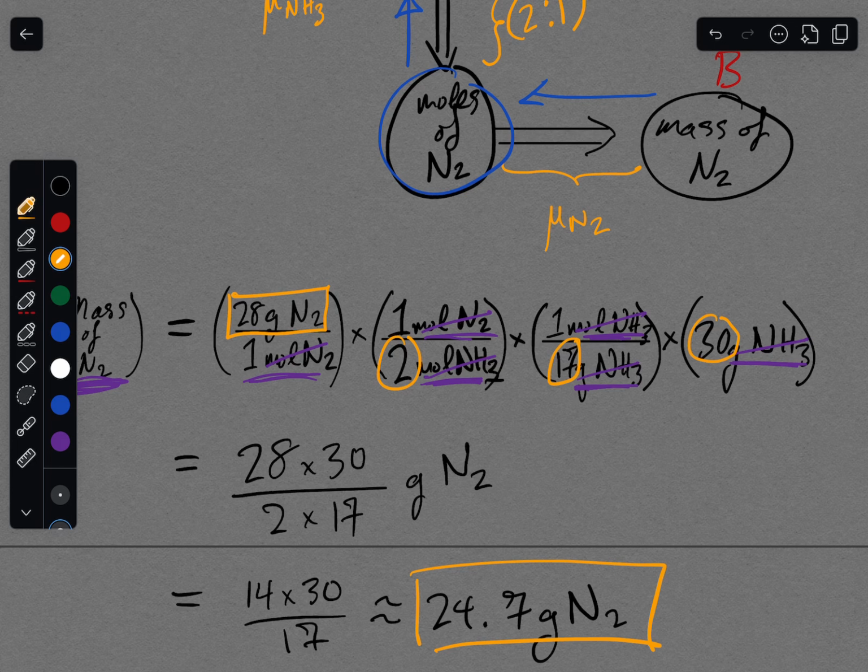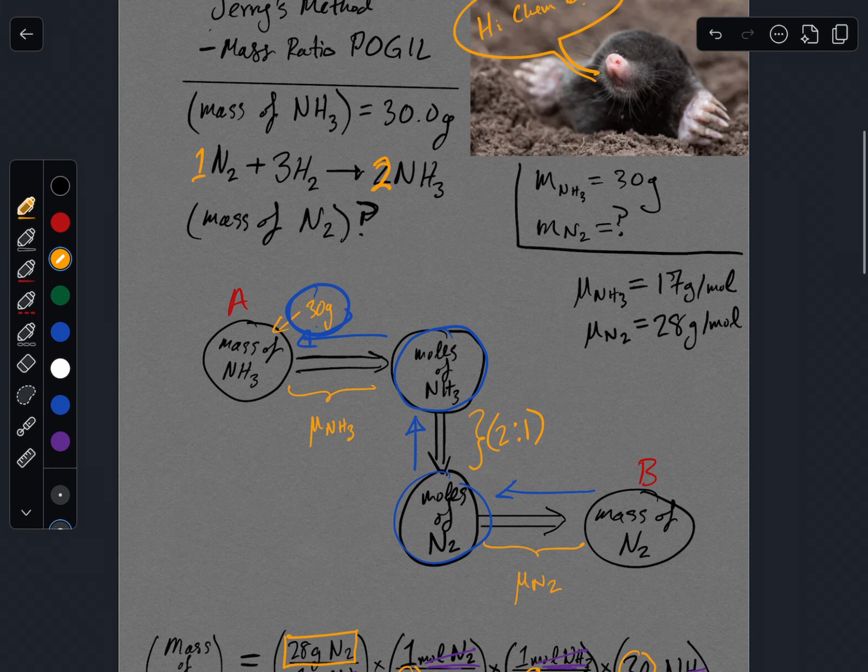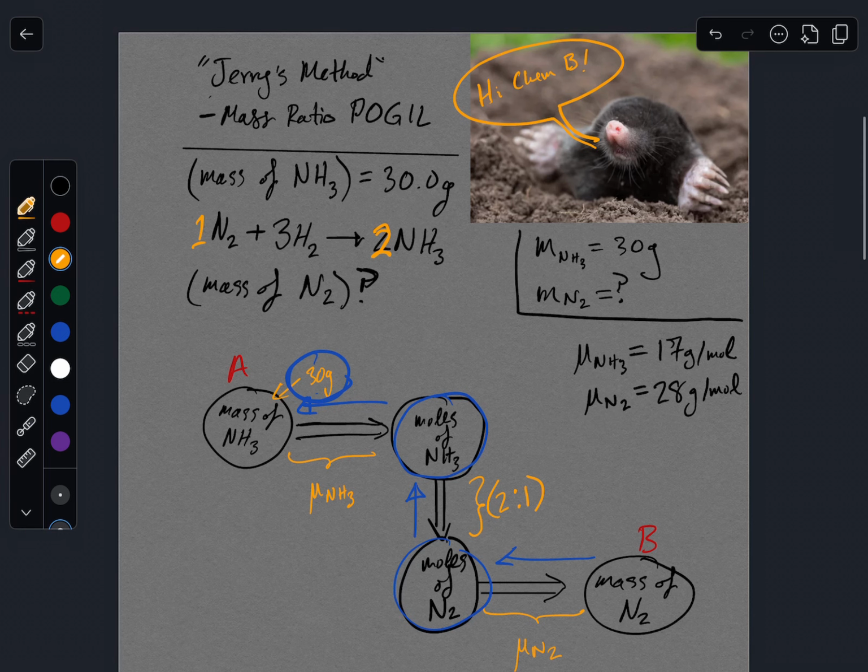So, just to recap, going back here, the statement of the question was, given a mass of ammonia that is produced, how much nitrogen gas was necessary to produce that?